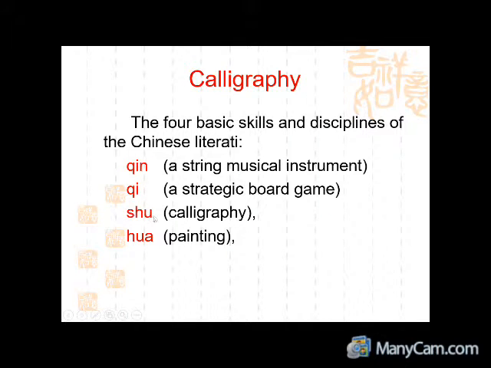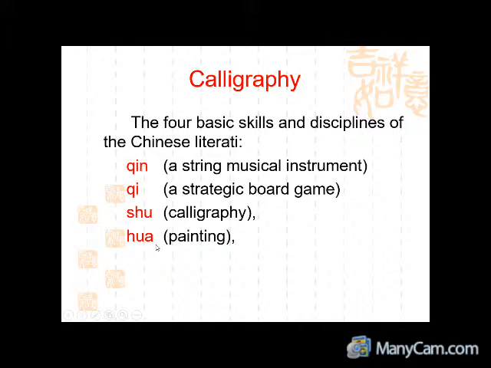Next one is shu, as in bi shu, which is calligraphy. Shu, with the oo sound, the tone should be a flat tone. Next one is hua. Now this is one with exceptions that I didn't go through with tones.